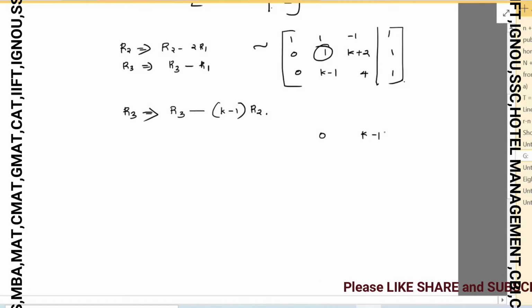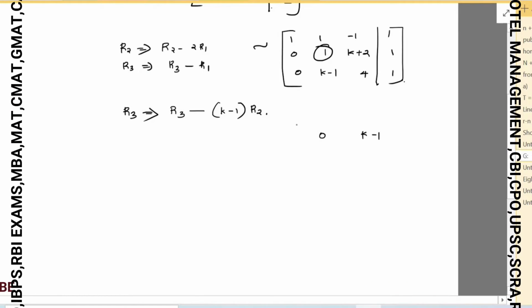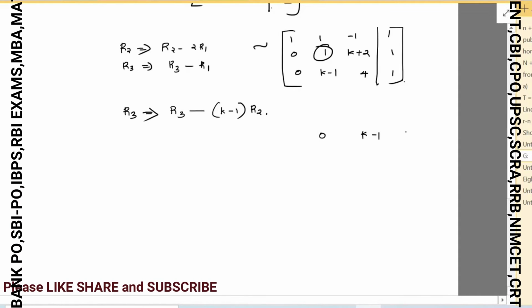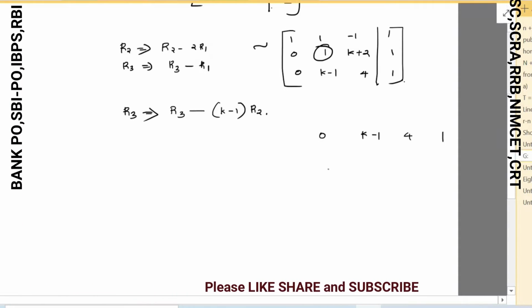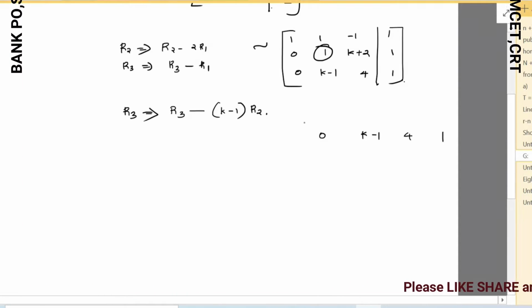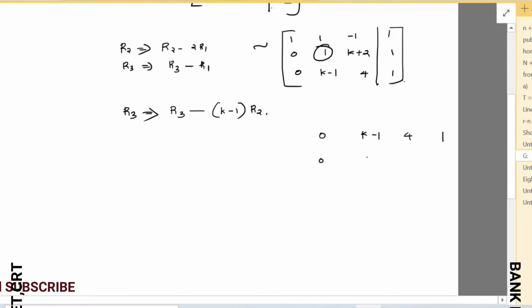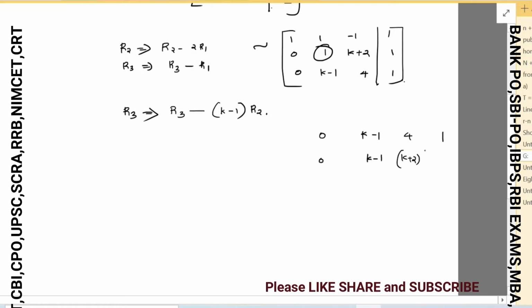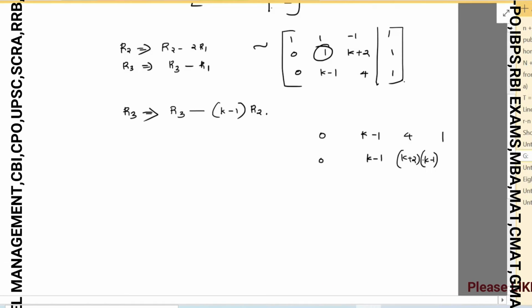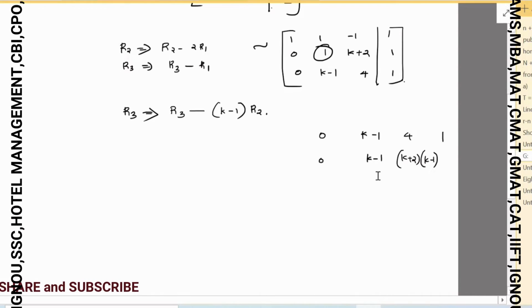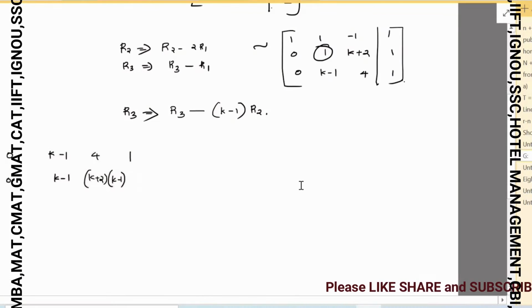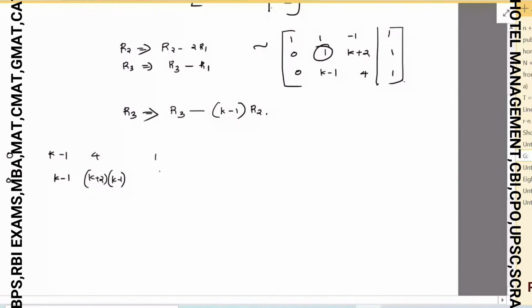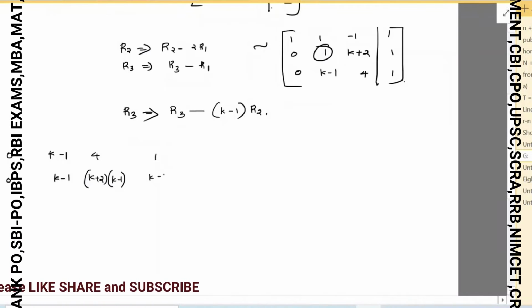R3 is 0, k minus 1, 4, 1. We have to subtract k minus 1 times R2, that is 0, k minus 1, k plus 2 into k minus 1, and k minus 1.